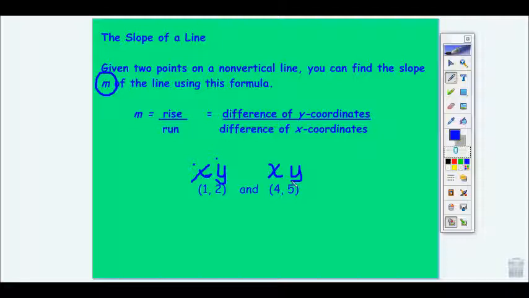Sometimes you'll see the formula written like this: y2, you can read it as y 2, minus y1, that's the second y minus the first y, over x2 minus x1. I'm going to do it that way because that's the way you'll see it in most textbooks.